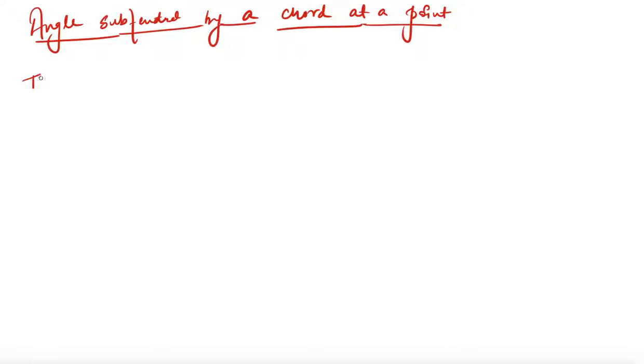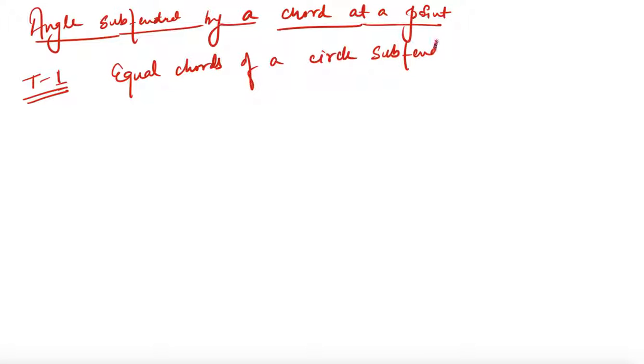Angle subtended by a chord at a point. In this topic, the first theorem says that equal chords of a circle subtend equal angles at the center.